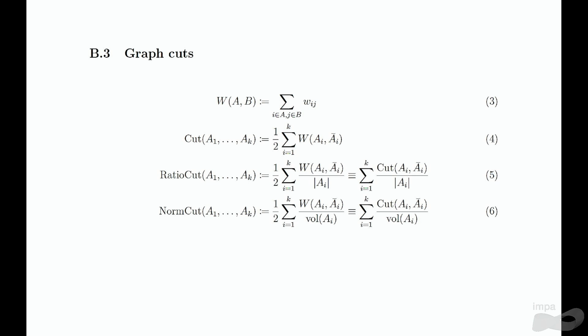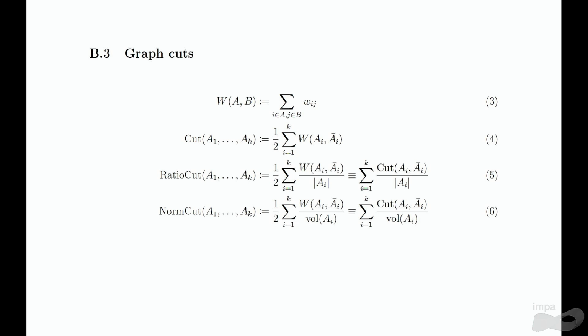It makes sense to think now more generally across partitions of size k, and also to think of different sorts of normalization or relative quantities rather than just absolute. So we have here what are the most conventionally observed.